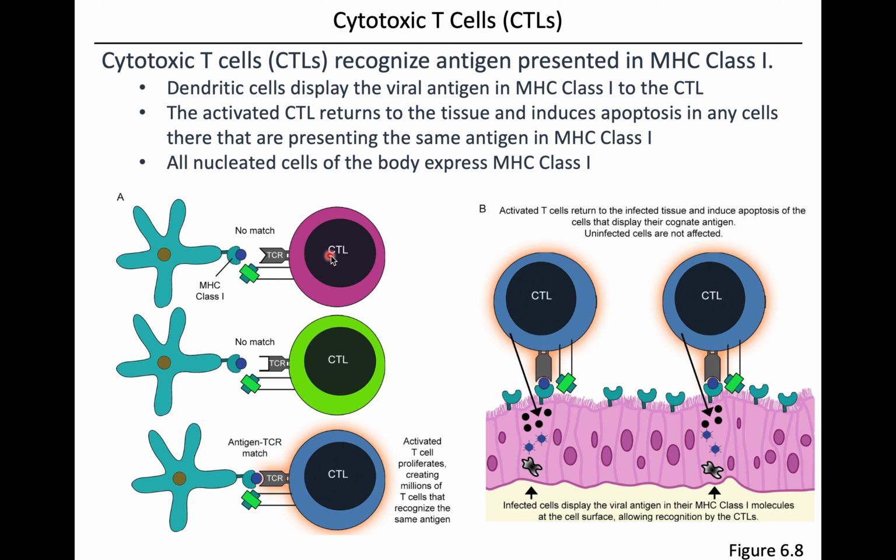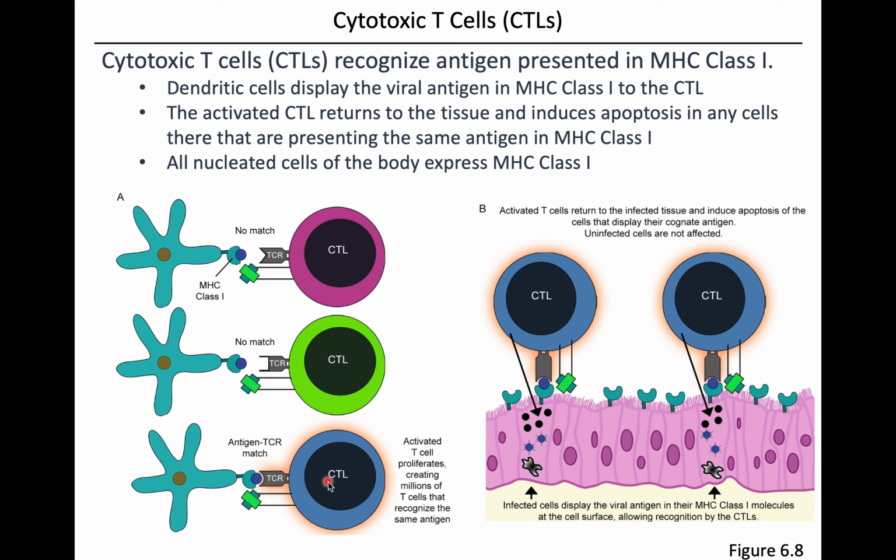It's no match for the first T cell, no match for the second T cell, but on the third, we get a match, we get binding, you can see the T cell is activated, it's going to proliferate rapidly, make millions of copies of itself, that all have the same T cell receptor that would then be capable of identifying that same antigen.